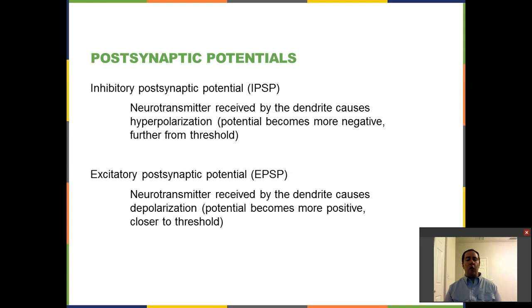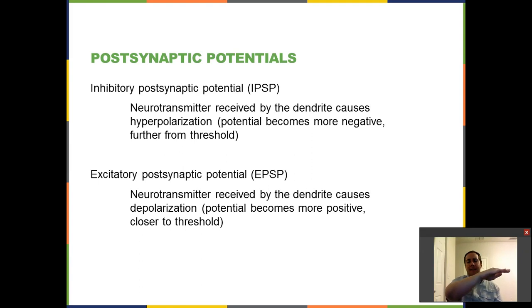That's an excitatory potential. But there are actually some neurotransmitters that bind to ligand-gated ion channels that let in negatively charged ions. So sodium is positive. We're at negative 70. When we add positive sodiums, we come up until we hit threshold.